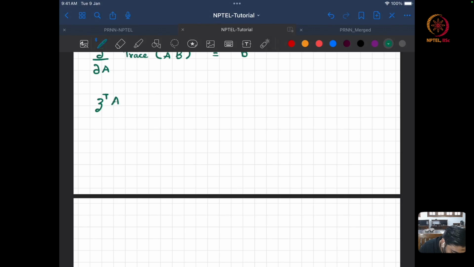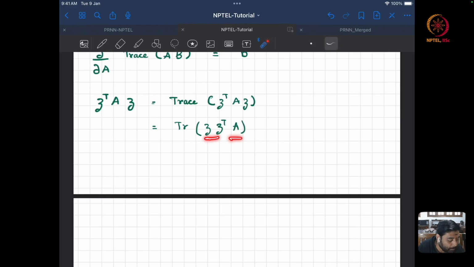Z transpose A Z can be written as the trace of Z transpose A Z. Now this I can write as trace of Z transpose into A, which is the same as trace of A into Z transpose.